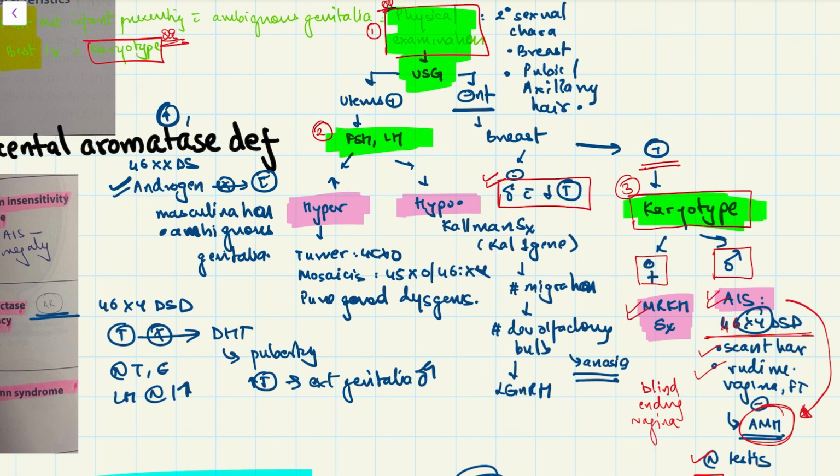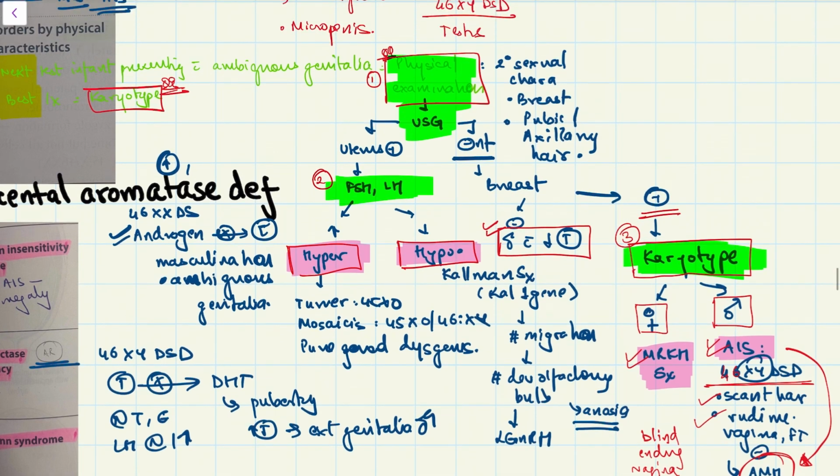Then in cases where uterus is present, the causes can be either hypergonadotrophic hypogonadism or hypogonadotrophic hypogonadism. This is a very important approach. Again, two important questions. Next step, physical examination, and best step is a karyotype.